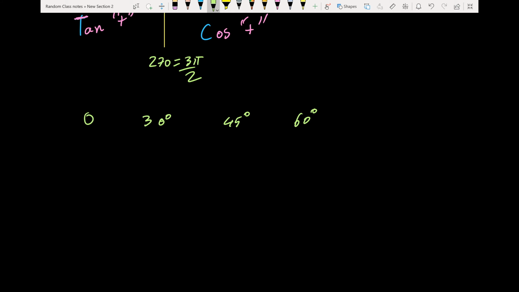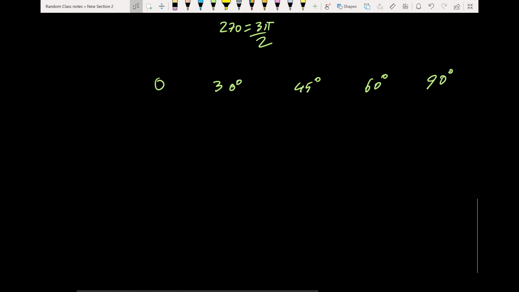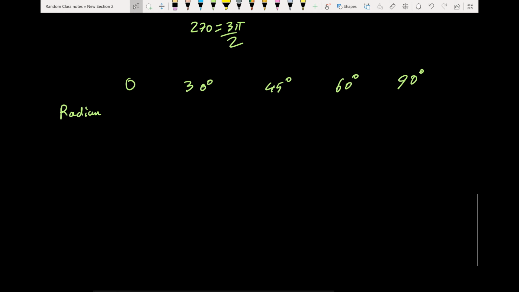And then 60 and 90. Why am I writing these angles? Does anybody have any idea? Yes, Adrian. Yes, because this makes your life so much better when we're doing it. So I want you to convert that into radians. What are the radian angles? You got it?